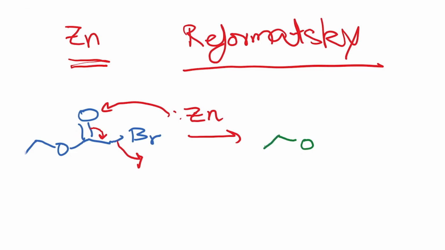So the product of this first step is a new bond between oxygen and zinc, this carbon-carbon double bond now becomes a single bond, and this carbon-carbon bond, which used to be a single bond, now becomes a double bond, and Br minus is kicked out. So this is nothing but a zinc enolate.